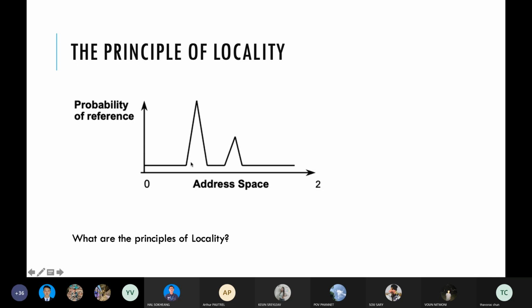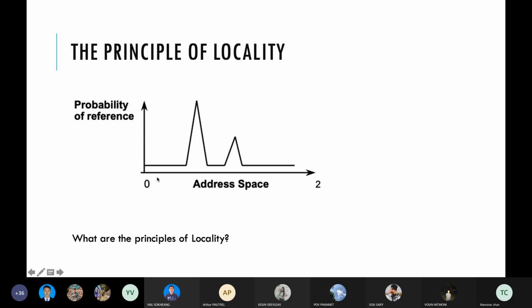It means that at that time, at that address space, a lot of requests are made by the CPU, and then there is empty again, and then there is a peak of requests again, and after that there is empty. So with this graphic, you can tell that the CPU may request to memory only at a part of the address space. It's not everywhere. It doesn't access data in memory everywhere. It's just in some sections of data only.